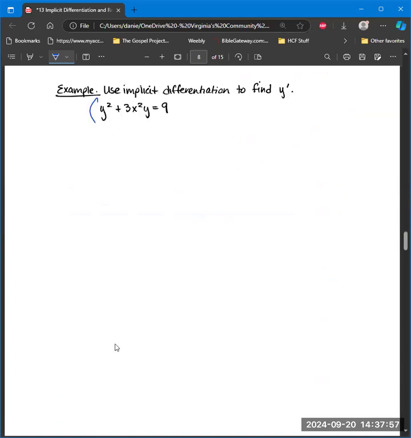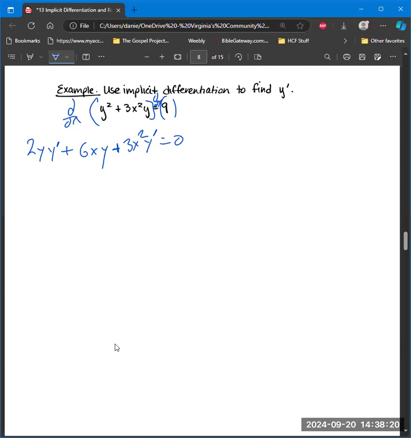All right, let's implicitly differentiate both sides here. That side is 0. 2y y prime plus derivative of the first part, leaving the second part alone, plus derivative of the second part, leaving the first part alone.